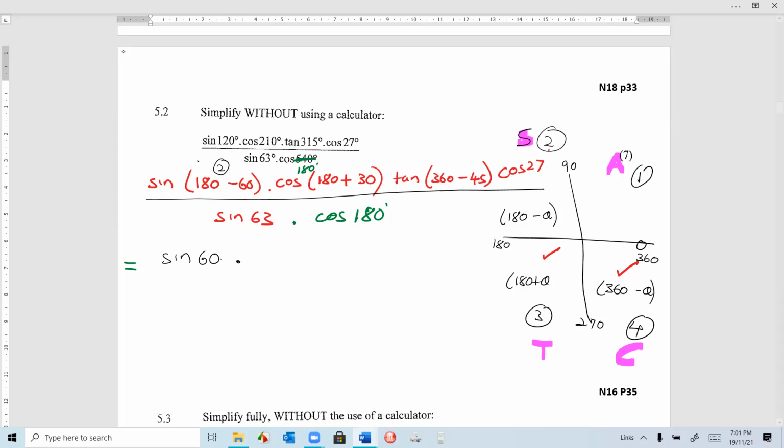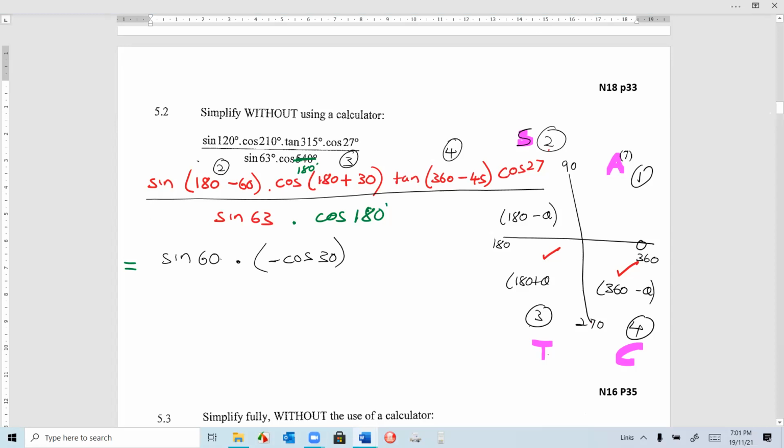We go to 180 plus 30, which is in quadrant 3. In quadrant 3, cos is negative and only tan is positive, so that should change to minus cos 30. We now go to the next one, 360 minus 45.